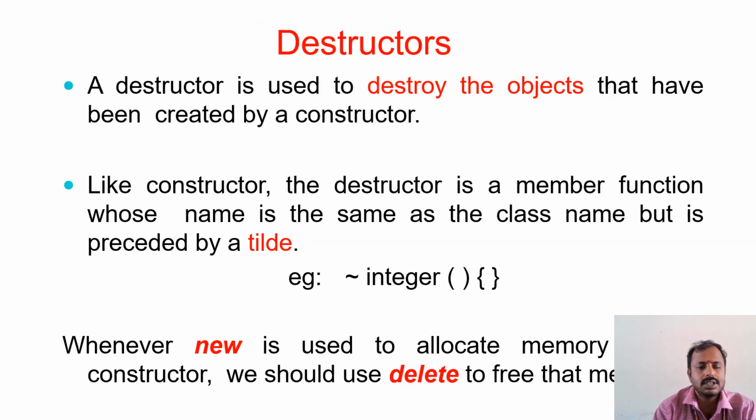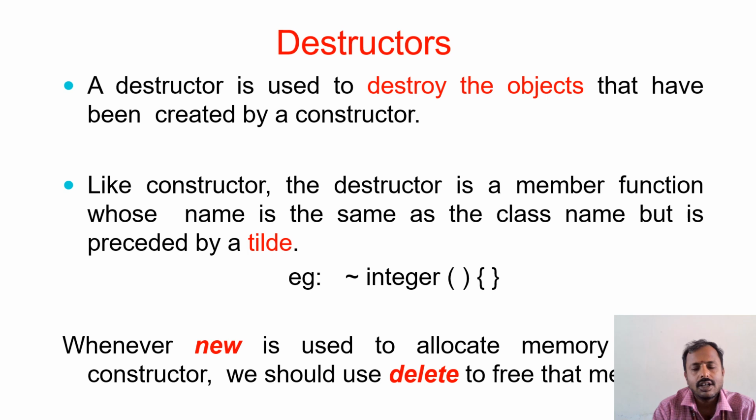Now let us see about the destructor. Destructor is again a special function which is used to remove an object from the memory. Actually, removing in the sense that it is not actually going to remove an object. At the time of destroying an object from the memory, if you would like to do certain housekeeping activities, then those operations we can place in the destructor.